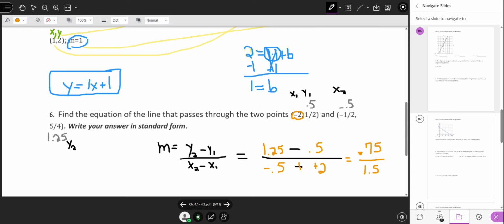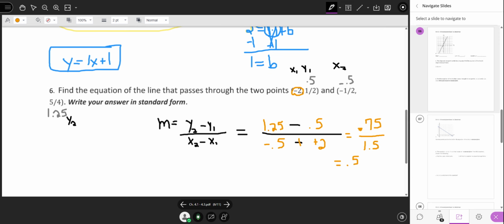So 0.75 divided by 1.5 is 0.5. Now, unfortunately, we have to turn that into a fraction. I don't like it.